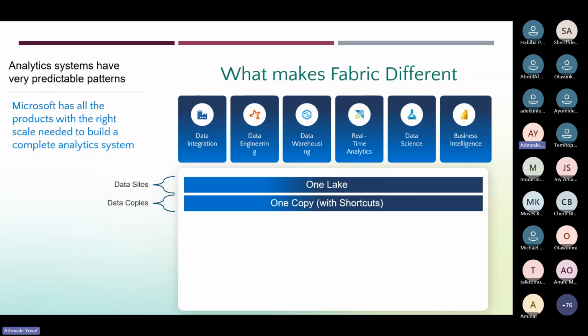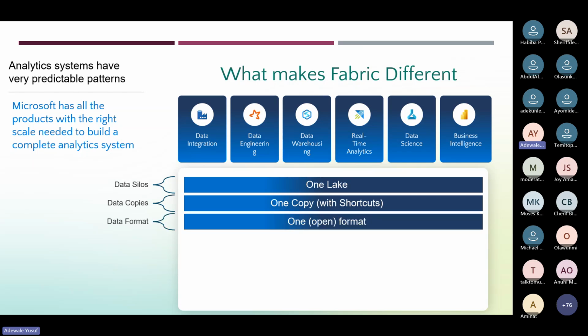No, from right there in Fabric, you can just create a shortcut to the HR workload or HR OneLake. Then you connect to that data from the shortcut. You are not duplicating anything. When HR updates that, it's also updated on yours. So one copy means no duplicates. Everybody is working on the same file with a shortcut.